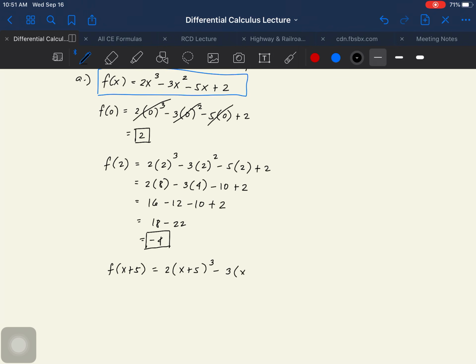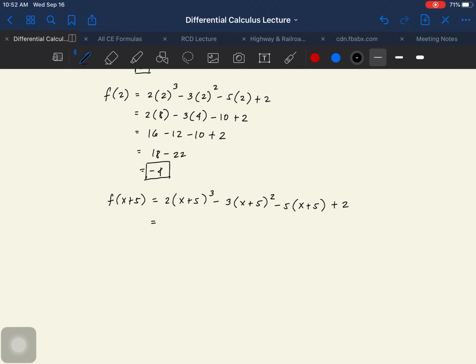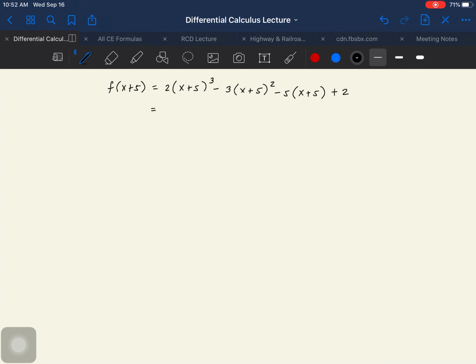The value of x becomes x plus 5 squared, minus 5 times x plus 5, plus 2. Okay? That becomes what? Oh, this is rather much more complicated. What is 2 multiplied with x plus 5 cubed?